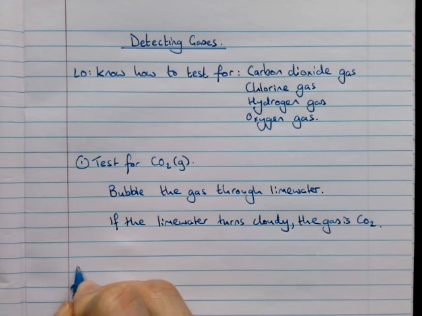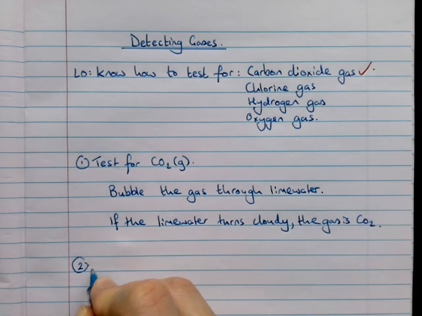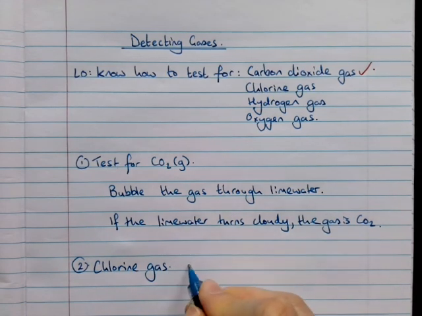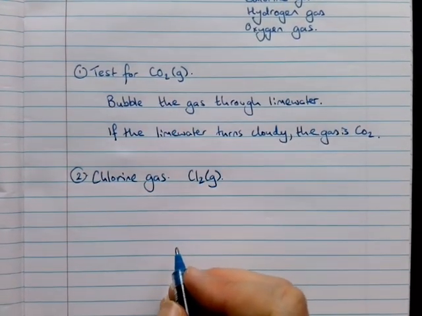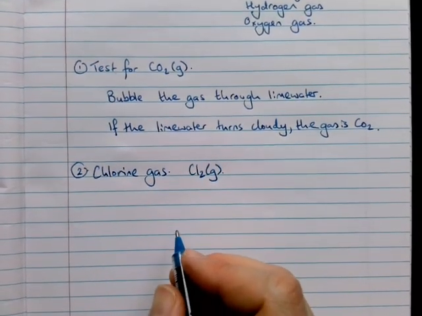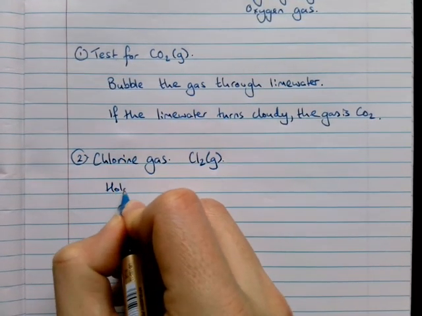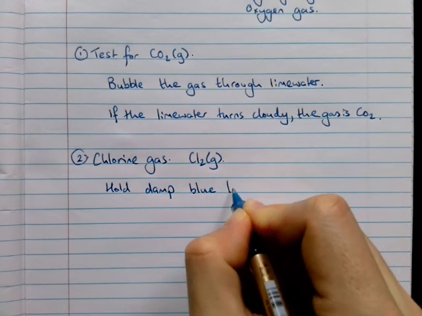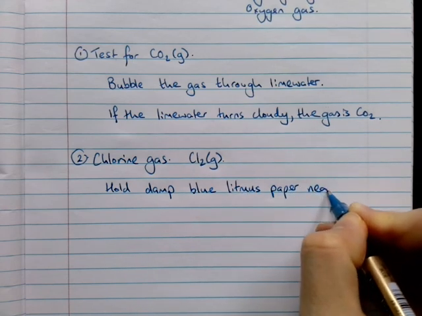Okay, so we've done carbon dioxide gas. Number 2 is chlorine gas, Cl2. The test for chlorine gas is hold damp blue litmus paper near gas.